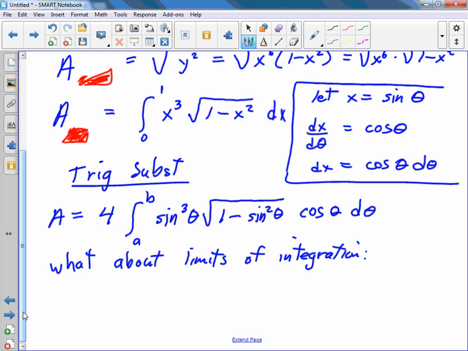So, instead of 0 to 1, what are my new limits of integration? You can say arc sine 0 equals what? Zero. And arc sine 1 equals what?